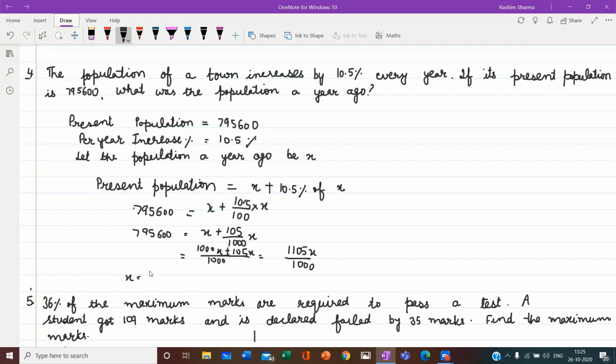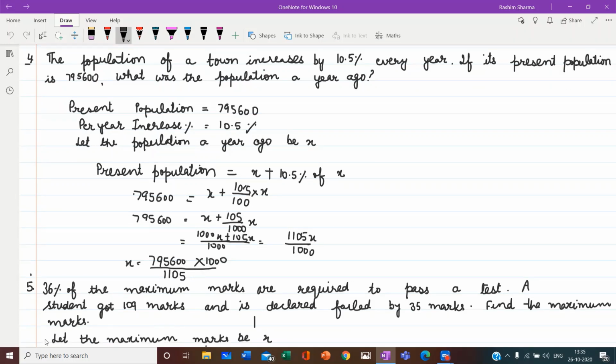It becomes 795,600 into 1000 upon 1105. When we reduce by 5, we get here 5 twos are 10 and 2 zeros with it. And when we reduce it here, it is 3600.